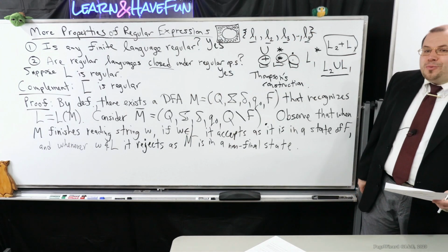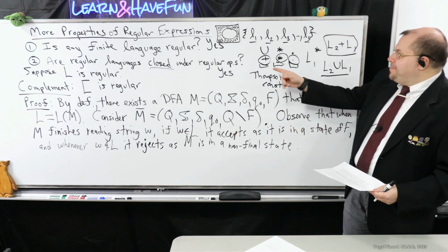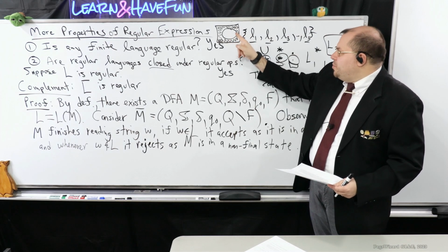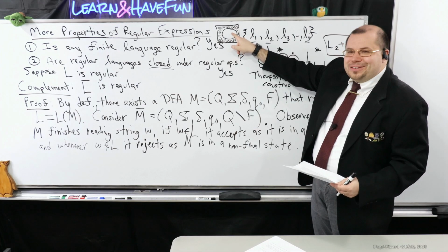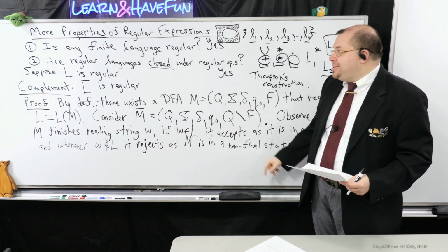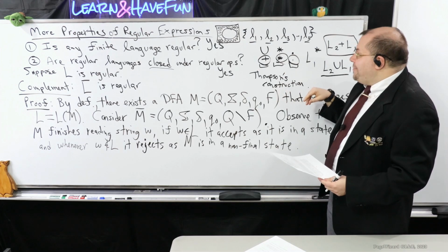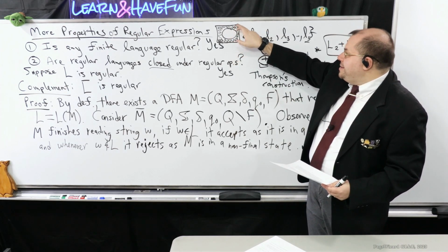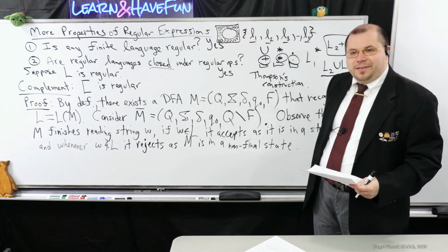If these are all the strings inside this circle, the DFA originally accepted all the ones in the circle and rejected all the ones outside. Now I've simply flipped it, so it accepts all the ones out here and rejects all the ones inside the circle.